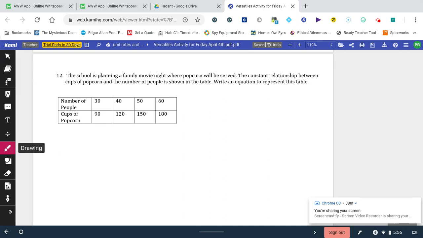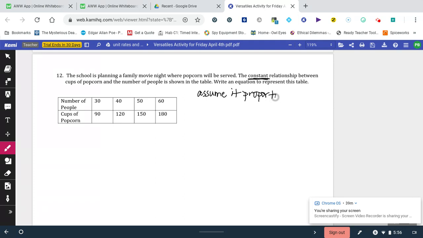All right, it says the school is planning a family movie night where popcorn will be served. The constant relationship between the cups of popcorn and the number of people is shown in the table. So keyword constant. Because it's constant, we assume it is proportional.